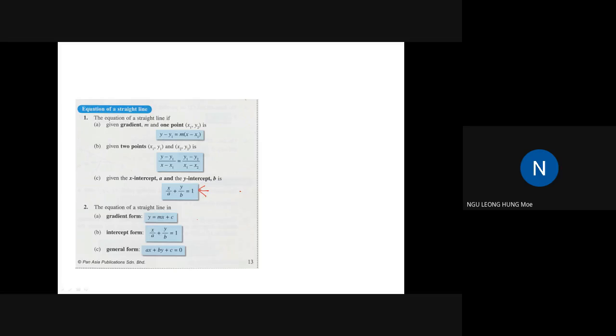Okay, parallel, same gradient. Perpendicular, M1, M2 equal to -1. Okay, locus. Normally this one must have one question. Be careful.